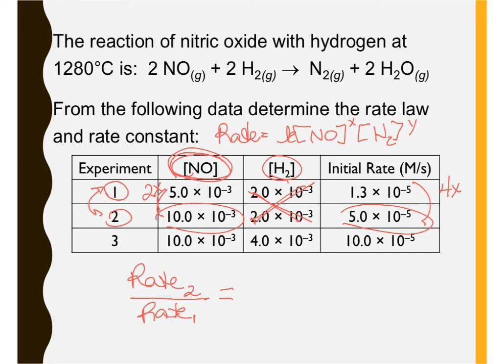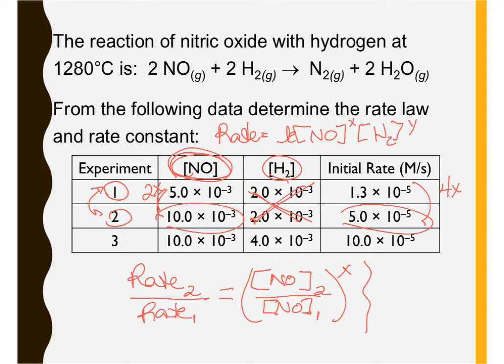So now I have the ratio of the rate of experiment 2 over 1 equals the ratio of the concentrations of nitrogen monoxide for experiment 2 over the concentration of nitrogen monoxide at experiment 1. And the concentrations, again, are always raised to some power. So now plugging in the actual values, what do we get?